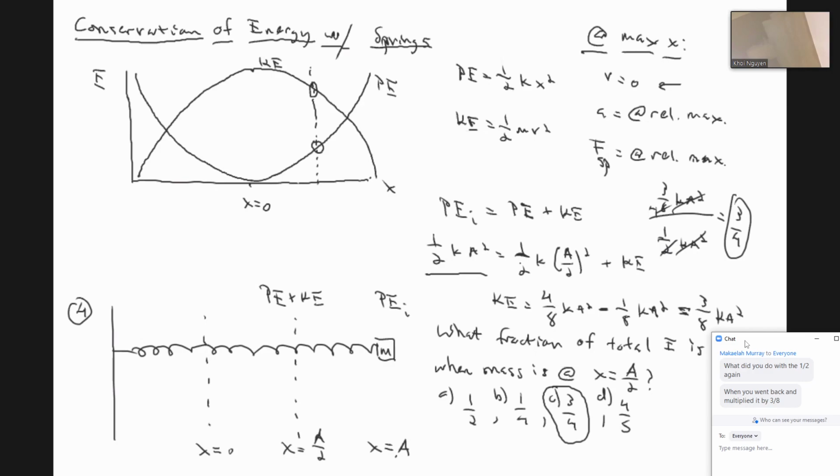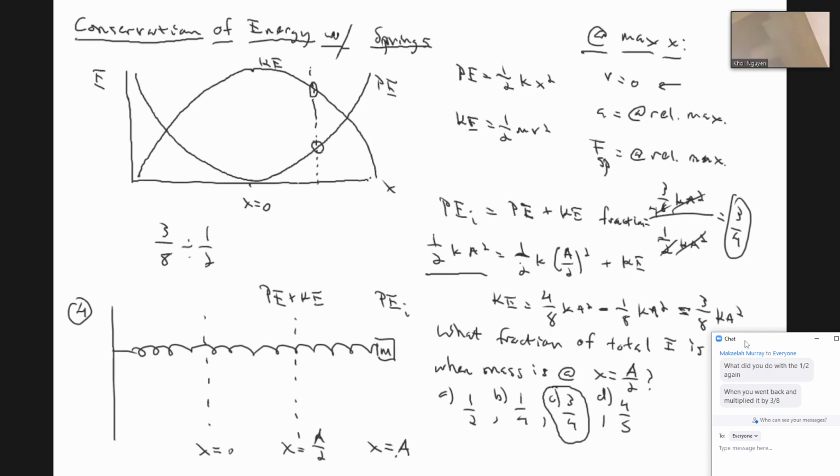No, I meant like when you went from 3/8 and then said something about 1/2 KA squared and then got 3/4. Oh, yeah. Fraction, right? Right here. So what's 3/8 divided by 1/2? 3/4. But I was just wondering, why did you do that?